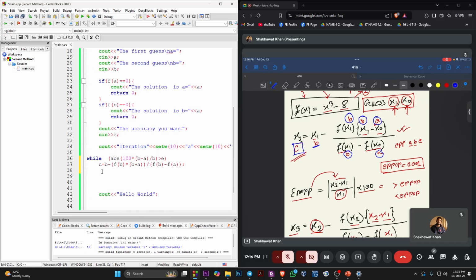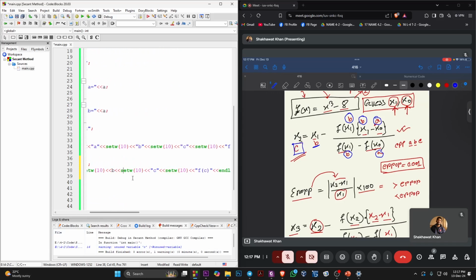I have got my value for C. So C at iteration 15, C shows my A value, my B value, again the C value and f of C value.